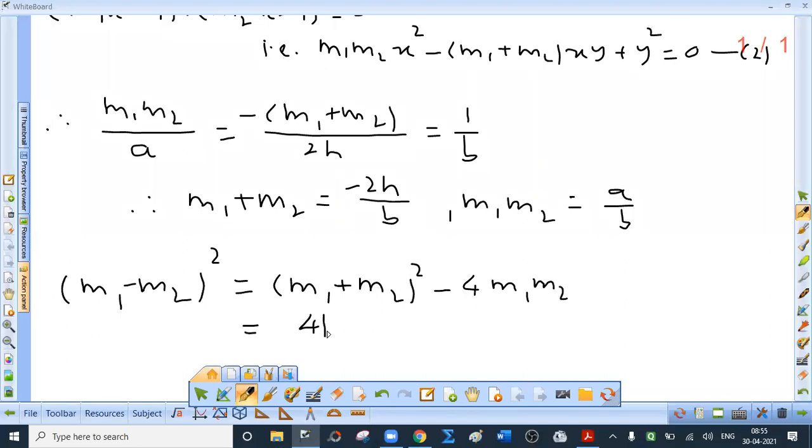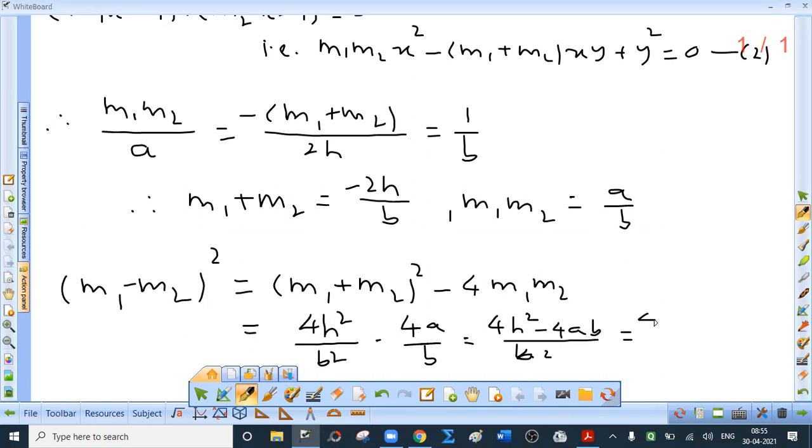So this is 4h square upon b square minus 4a upon b. Find LCM. It is b square. So what is the numerator? 4h square minus 4ab.